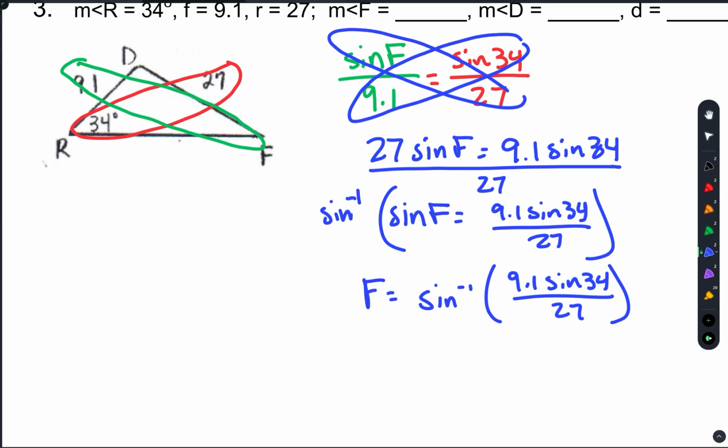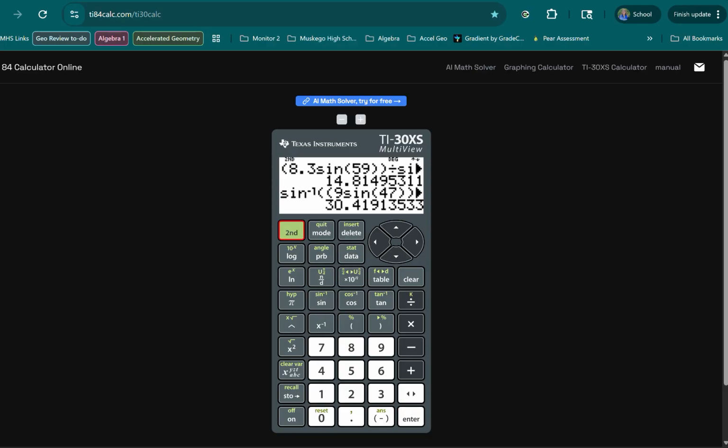So let's do inverse sine of 9.1 sine, oh, I didn't put this in parentheses, sorry. 9.1 sine 34 divided by 27, close my parentheses. Oh, not 24, 27. Oh, I did put 27.